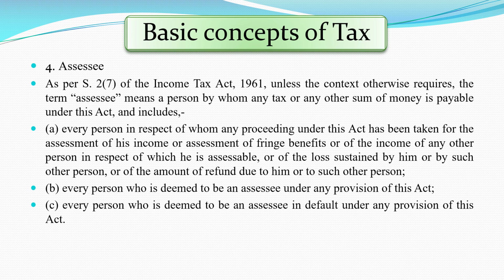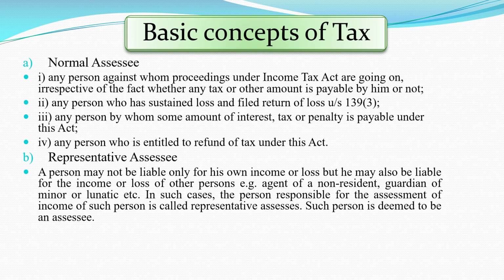So the first item under the assessee is the normal assessee. Who is the normal assessee? The assessee against whom any proceedings of the Income Tax Act are going on, or in simple words, who is liable to file the return under Section 139(3) of the Income Tax Act, will be treated as the normal assessee.